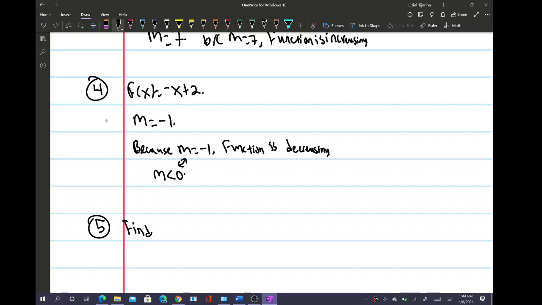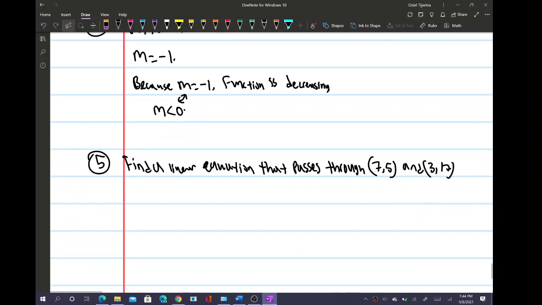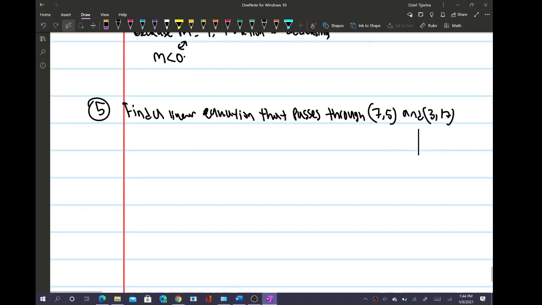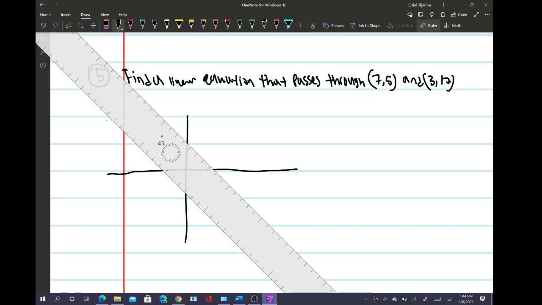find a linear equation, so let me go ahead and write it down. Find a linear equation that passes through the points (7, 5) and (3, 17). Now, you may or may not have remembered this from your algebra class, or from my previous videos, but when we have a linear equation, let's just go ahead and draw a line.